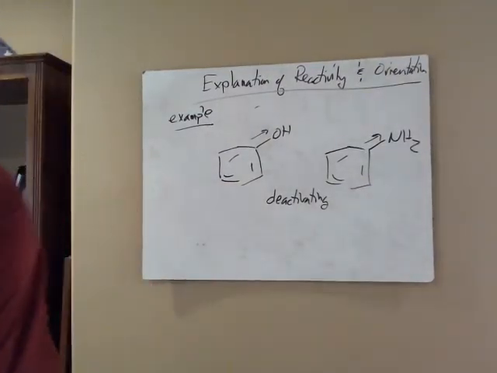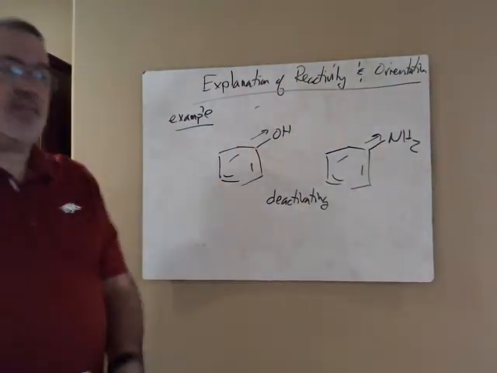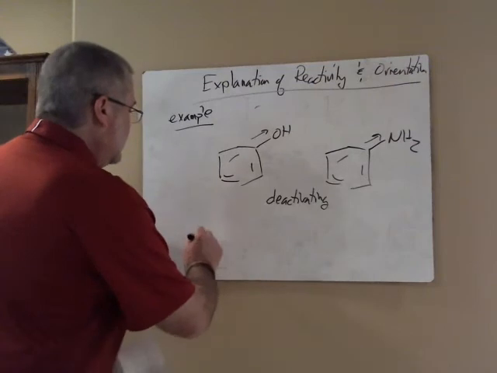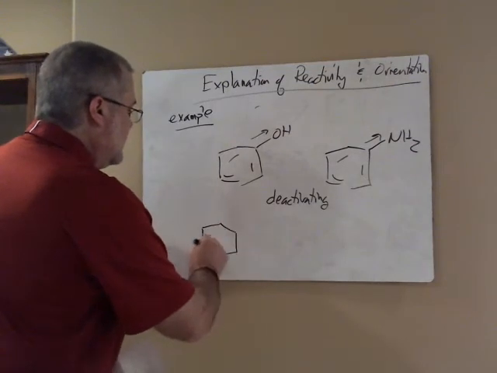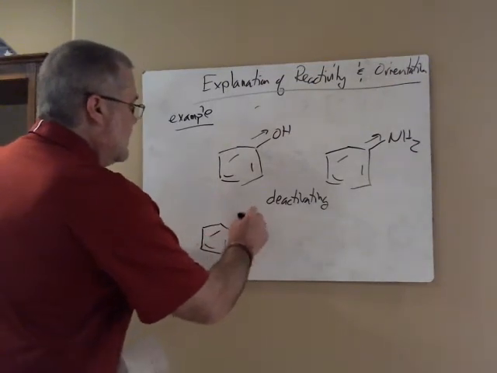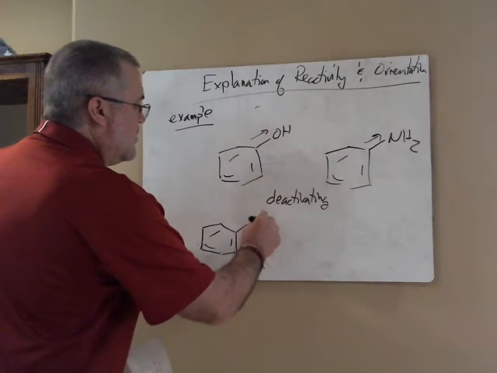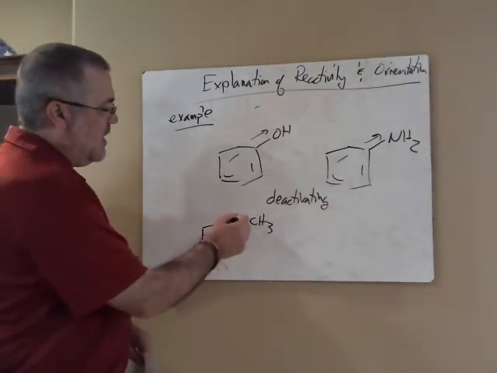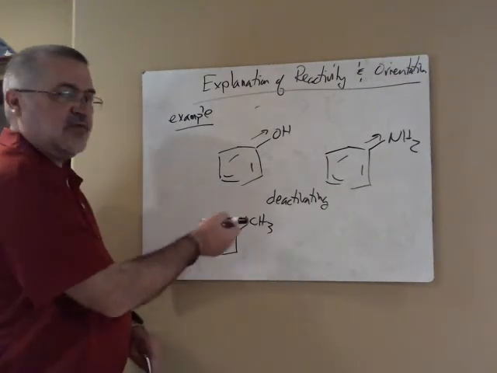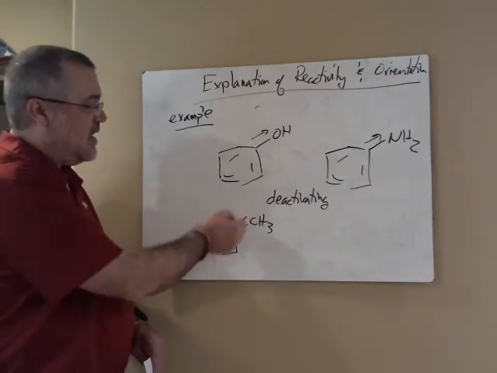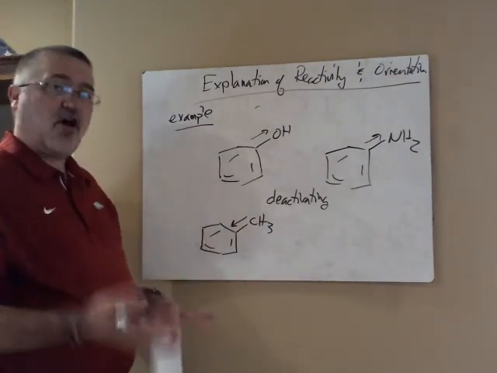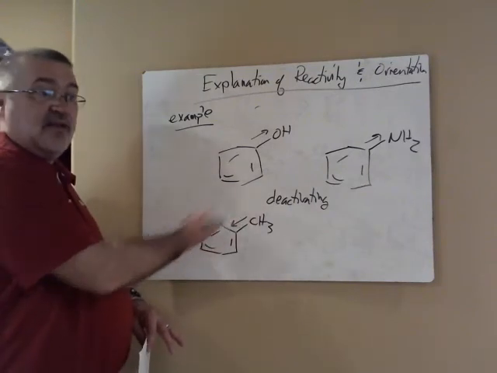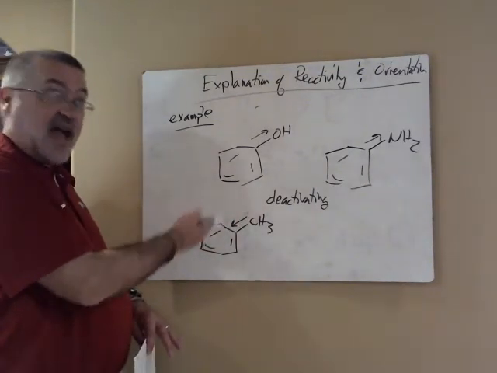Okay? There is one example of something that is inductively donating. And that is if you have an R group. And I'll just use a simple example of a CH3. Here, you're inductively donating into the ring. And so that is why an R group attached to the ring actually has an inductive activating effect.